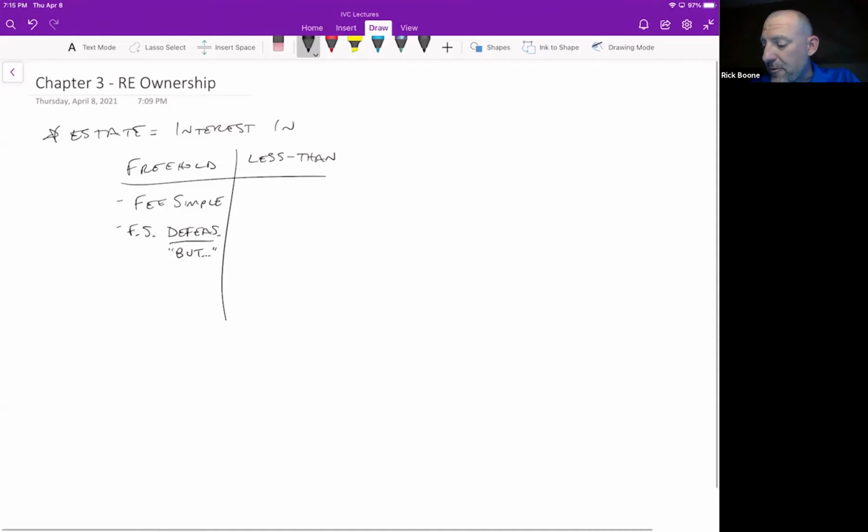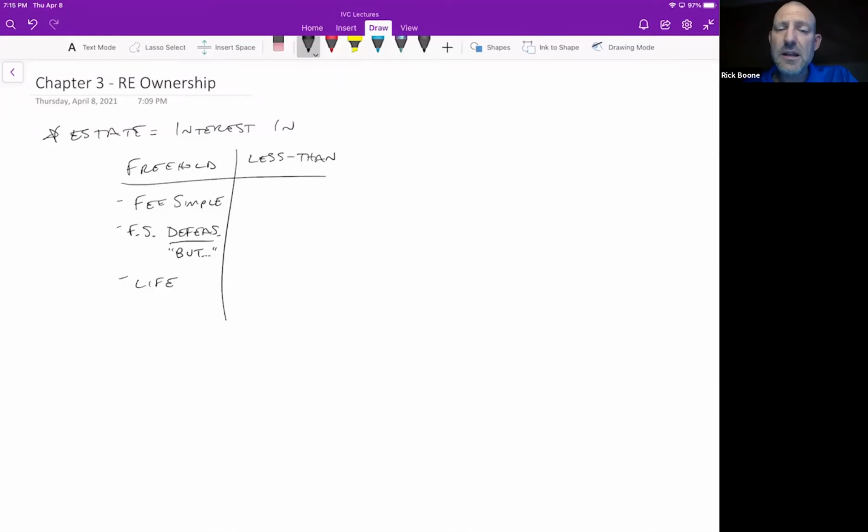A third type of freehold estate is called a life estate. Now, in real life, I've never seen the life estate actually happening. But the idea of the life estate is that you have an estate in real property.